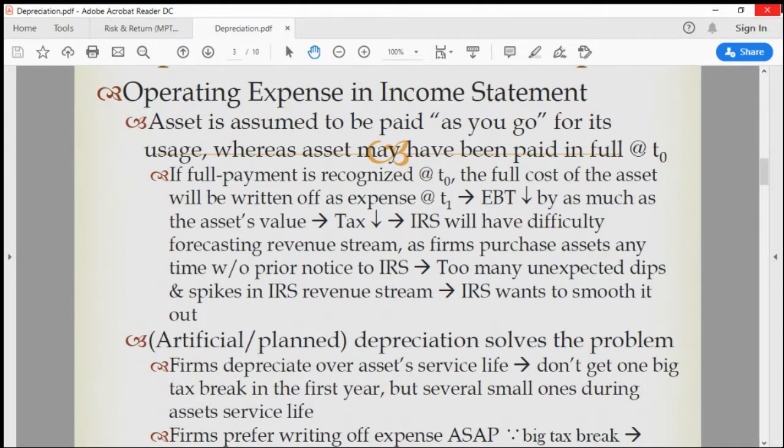So if your expenses look greater by $10,000 than they really are, what does that mean? Your taxable income will be less by $10,000 than it really is. Make sense? Your EBT, or taxable income, will look $10,000 less than what it really is. And so if it looks $10,000 less than it really is, then your taxes will be less by the same magnitude.